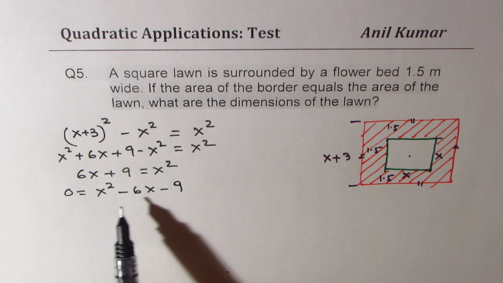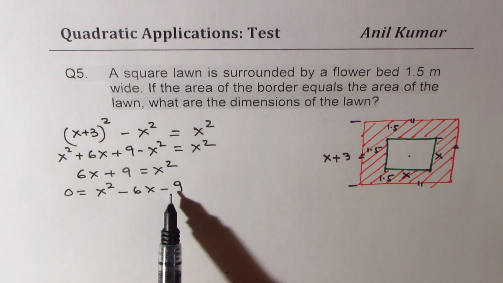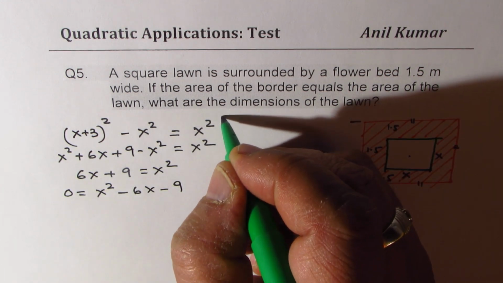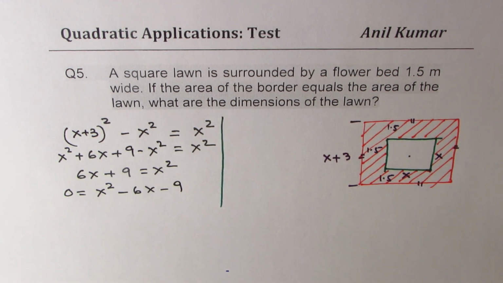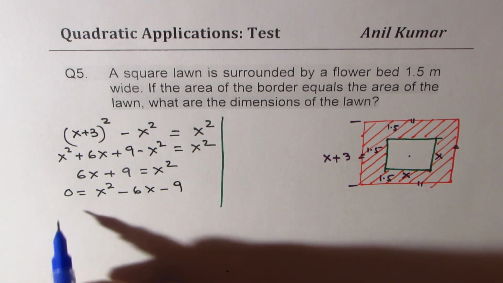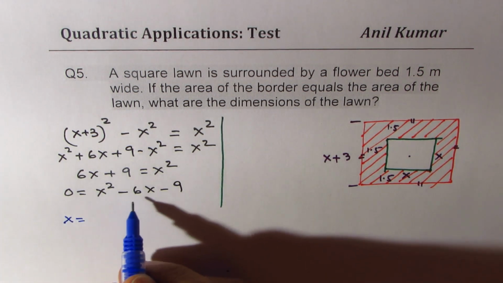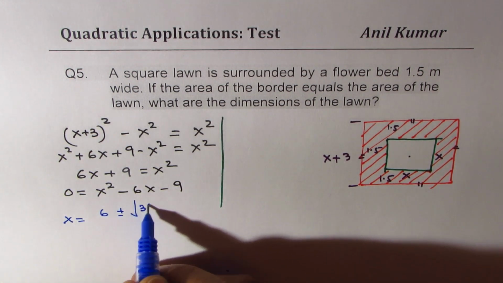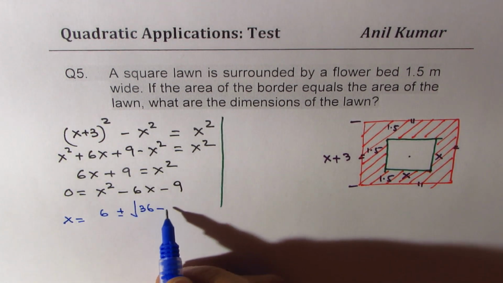Now minus 9 and minus 6x, 9 is 3 times 3, we cannot really factor it. So now we can use the quadratic formula to find the answer. So we can say x is equal to minus of this, which is 6, plus minus square root of b square, which is 36, minus 4ac.